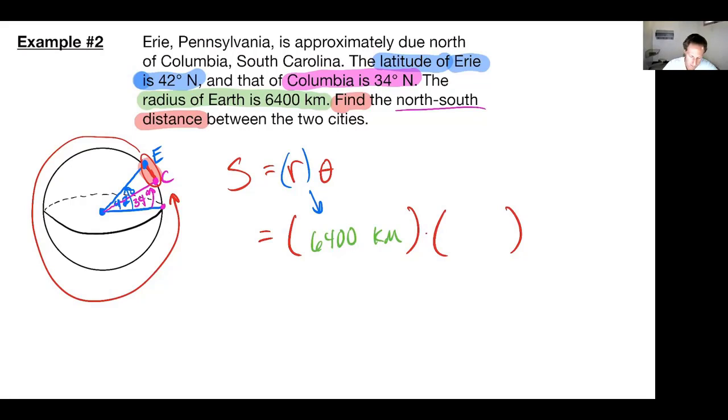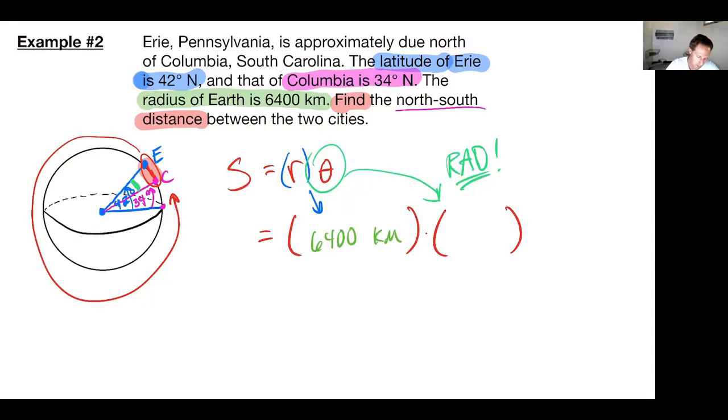So what we lastly need is the angle measurement between those two things, which we call theta. But remember, theta has to be in radians in order for this to work. So in order to find this little angle here, what are we going to have to do?